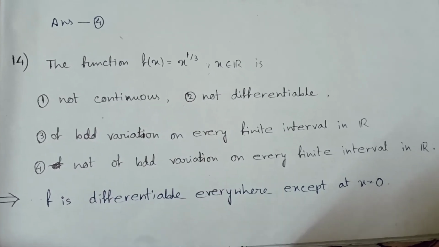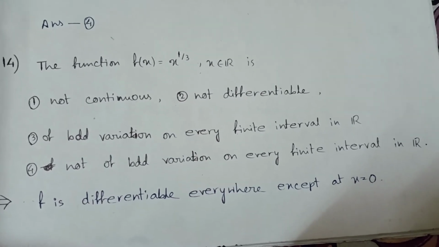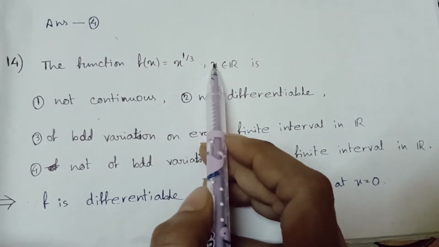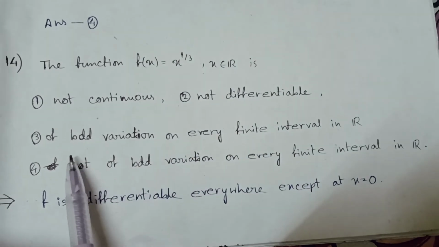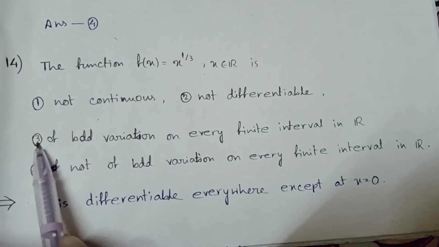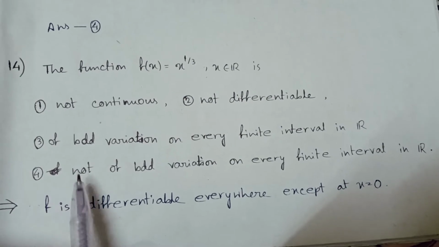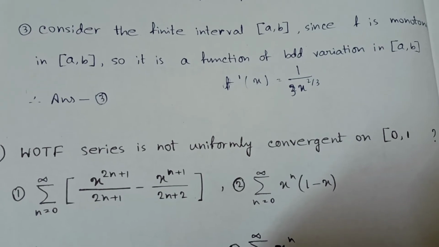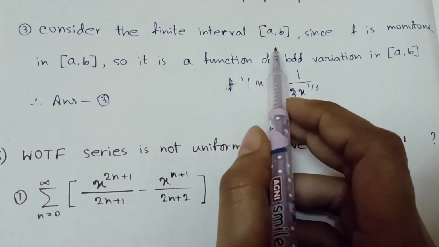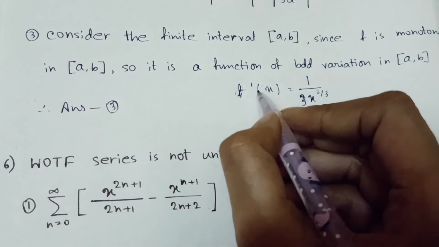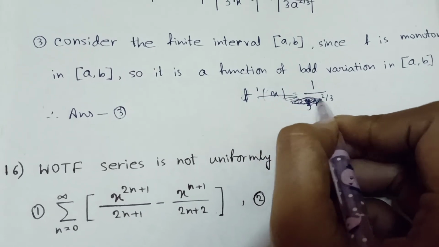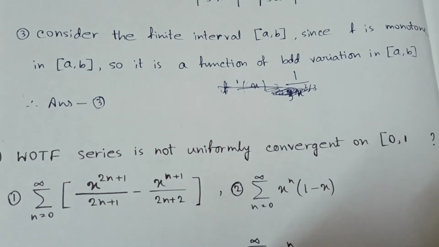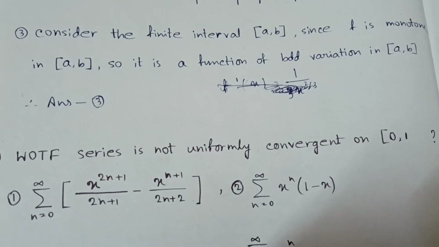What about the second option? It says f(x) is not differentiable, but f(x) is differentiable everywhere except x is equal to 0. So now we have to check either option 3 is correct or option 4 is correct. Now let us consider a finite interval a to b, and you can see f is monotone right there.